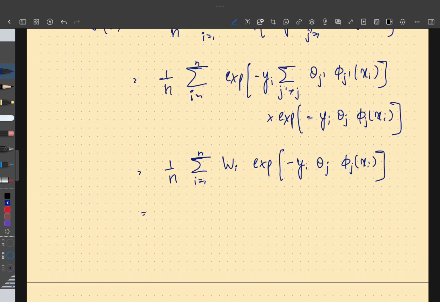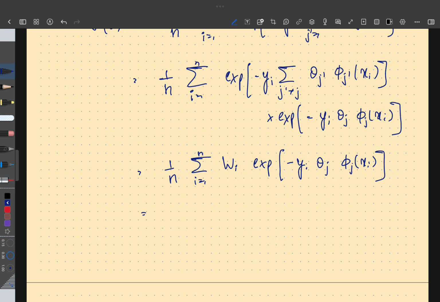So the goal is to minimize the right hand side with respect to theta j. We can simplify the right hand side because this particular product y times phi j of xi can either be plus 1 or minus 1, because phi j is a base classifier and therefore can take values plus 1 or minus 1, and y can take values only plus 1 or minus 1.